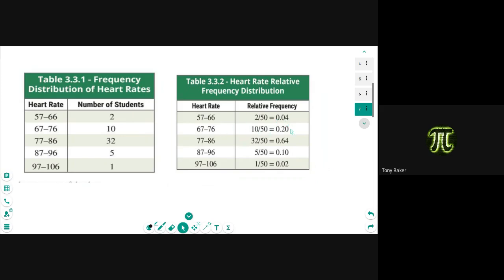Then 10 divided by 50, 0.20. So now I have my relative frequency there. Okay. Any questions with the relative frequency? It's just how many you had divided by that total amount.